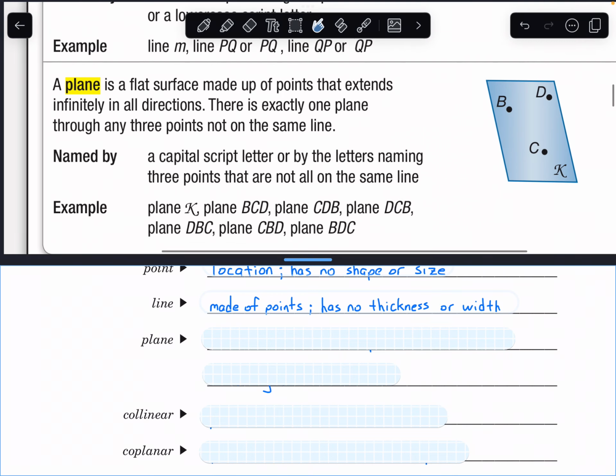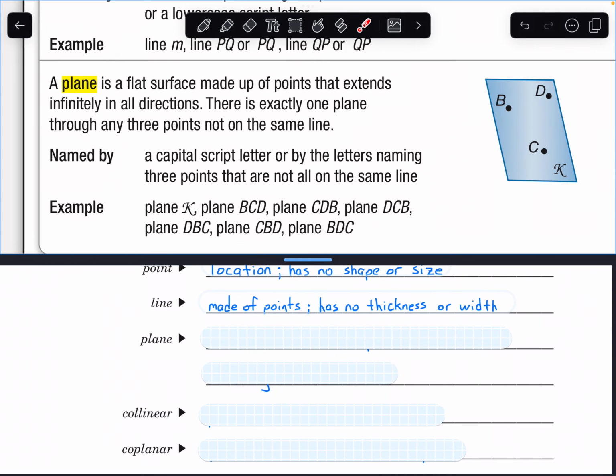And finally, we have a plane. A plane is a flat surface made up of points that extends infinitely in all directions. There is exactly one plane through any 3 points not on the same line. A plane here is this parallelogram shape. If you are drawing your own plane, please try to make it not just a simple rectangle.